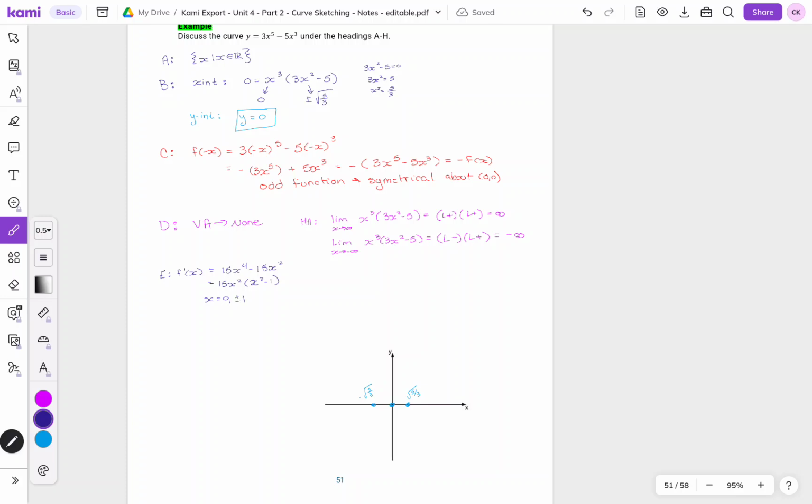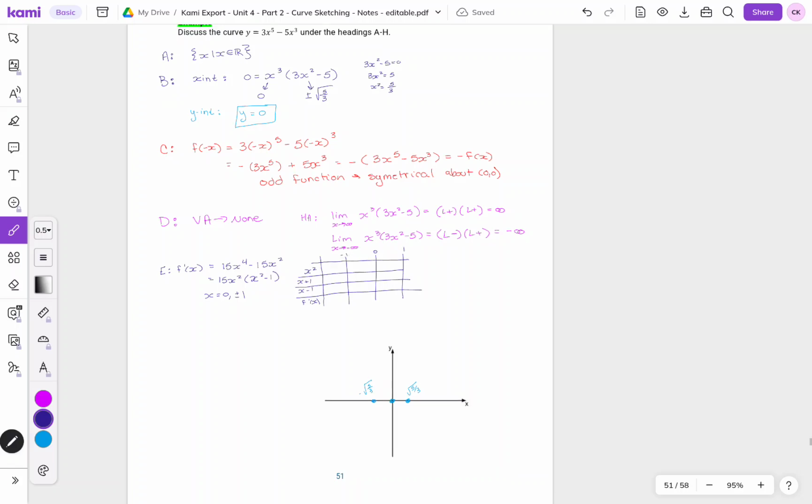All right, so let's find my areas of increase and decrease. So we're going to have x squared. You can do the difference of squares here. Have x plus 1, x minus 1, which is going to tell me something about my derivative. So negative 1, 0, 1.